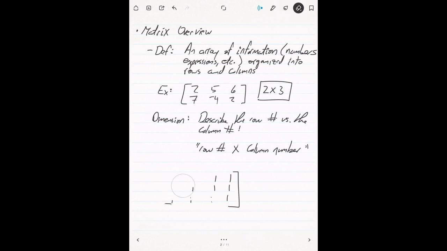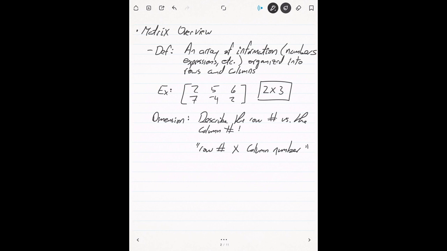Now, I want to point something out that a lot of students tend to get confused about when it comes to dimensions. They talk sometimes in books about things like a 3 by 2 matrix or a 5 by 7, or any sort of dimension.